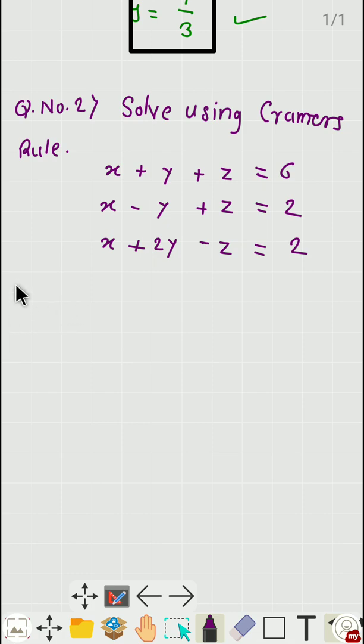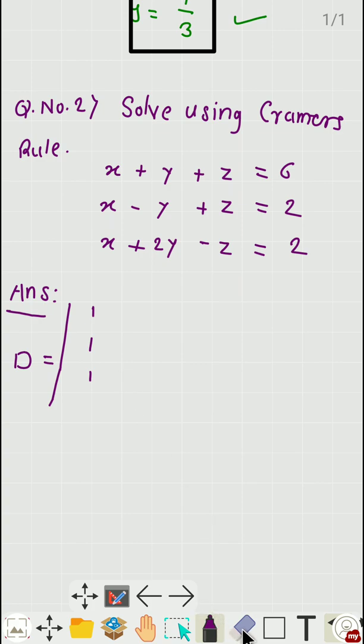So corresponding to this system of linear equations, let us write the answer now. Can you write directly the D? What is D? D is the determinant of the coefficient matrix, so we write this determinant. The first column is 1 1 1.